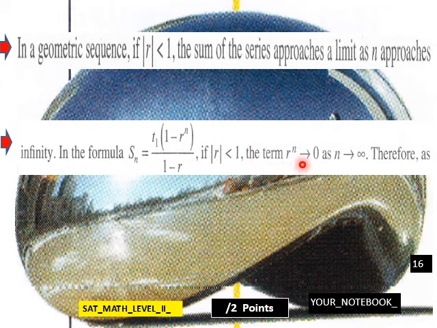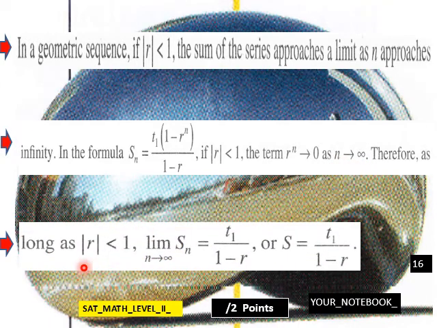The term r to the n goes to 0 as n goes to infinity. Therefore, as long as the absolute value of r is less than 1, the limit of Sn as n goes to infinity equals term 1 over 1 minus r, or S equals term 1 over 1 minus r.